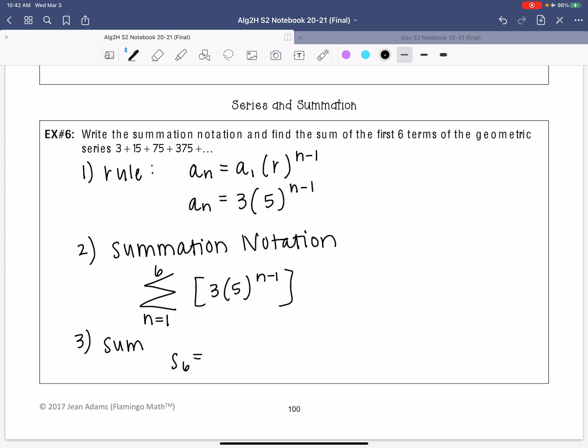So S of 6 is equal to a_1, 3, times 1 minus r, which is 5, to the n power, which is 6, over 1 minus 5. That's going to give me 3 times negative 15,624 divided by negative 4. We'd have to do that on a calculator.